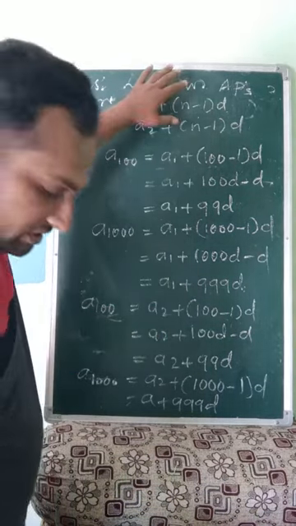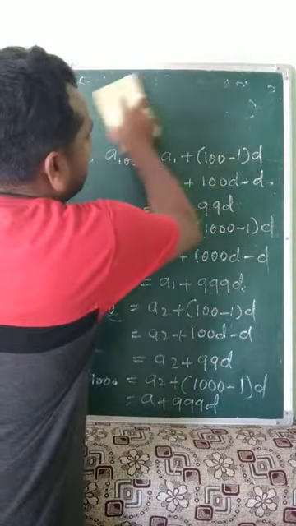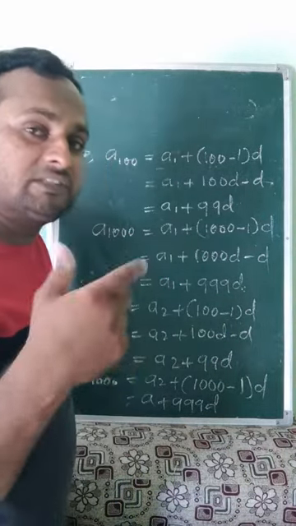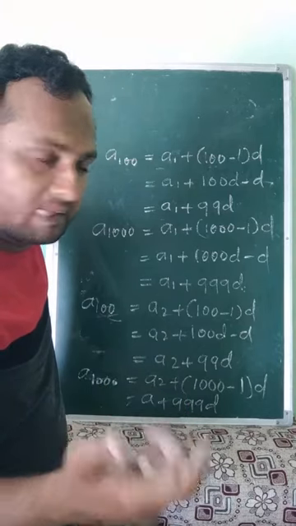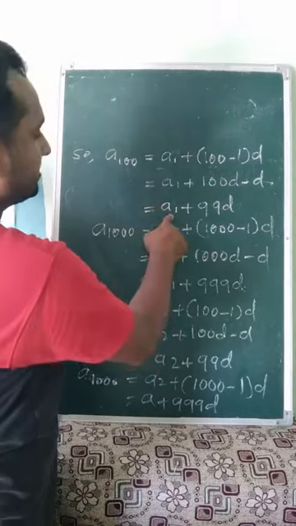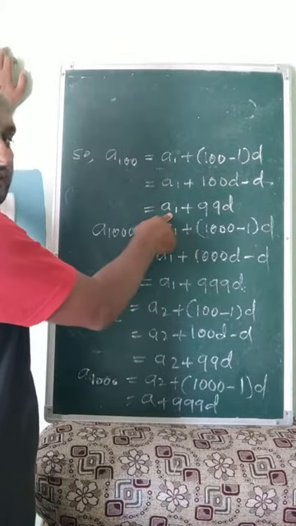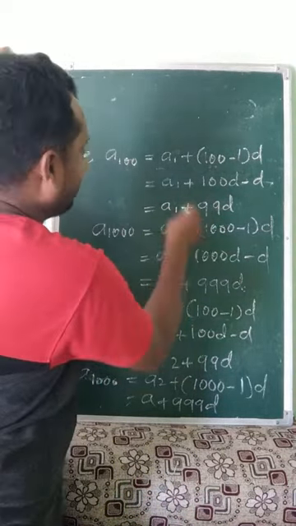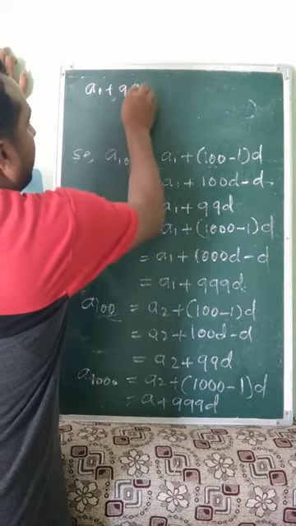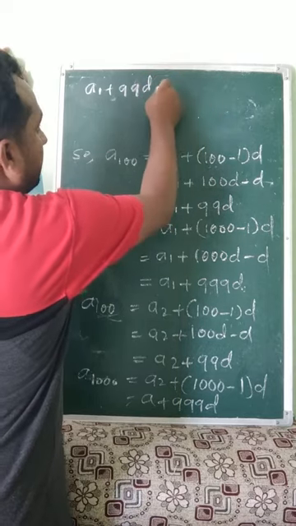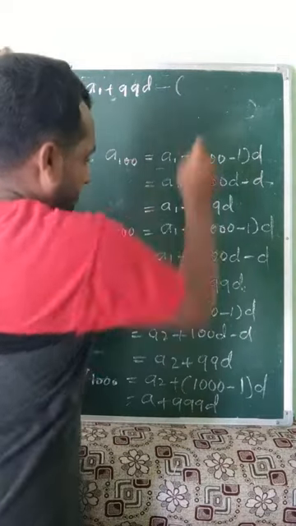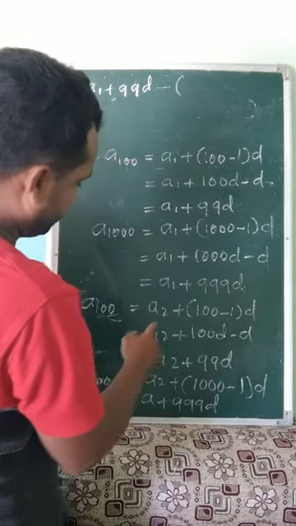Now shall I remove this one? Next, see what they have given: the difference between the 100th terms. How much have they given here? 100. Clear or not? Now the first AP's 100th term is A1 plus 99D, minus the second AP's 100th term.